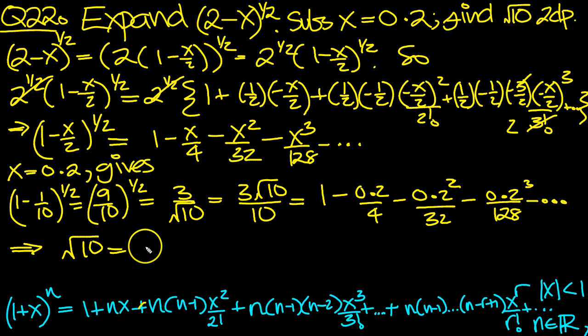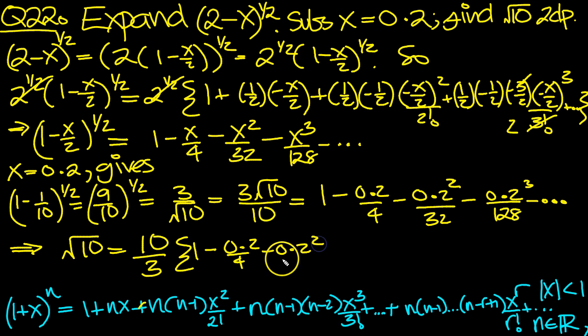Move the 10 up and move the 3 down on the other side. 1 minus 0.2 over 4 minus 0.2 squared over 32 minus 0.2 cubed over 128 minus dot dot dot. So hopefully this is a sufficient level of accuracy here. This concerns the what? 0.2 over 8, that's a fifth cubed. This is a fairly small number here, even though you're timesing it by 10 over 3.